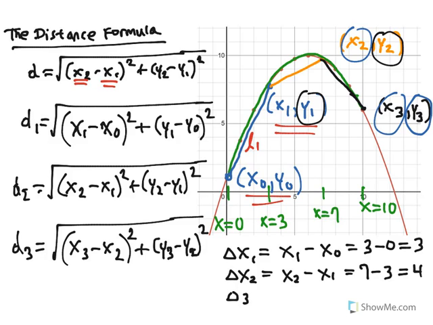And the width of my third subinterval will be x sub 3 minus x sub 2, and that's going to be 10 minus 7, which will be 3. So the norm of my partition is going to be 4.